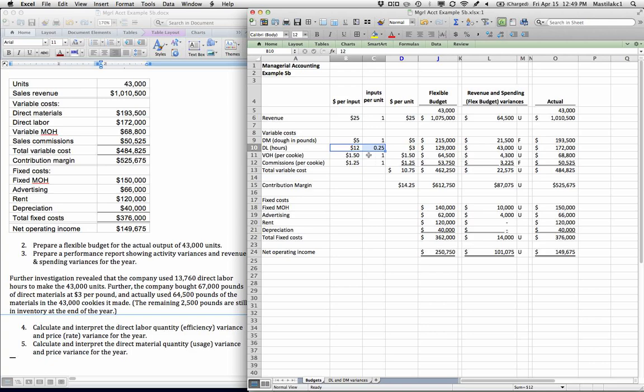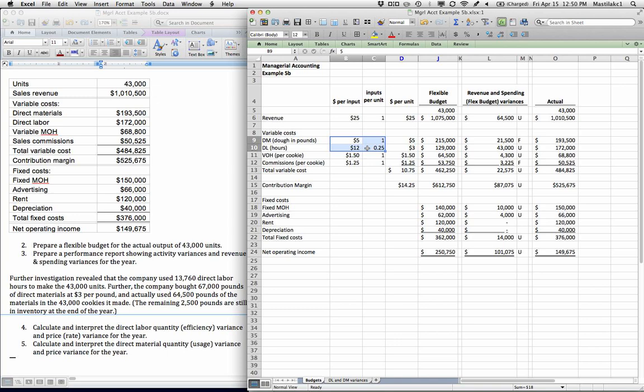Similarly for labor, we could have maybe paid a little bit less than $12 per hour and used a whole lot more than 15 minutes per cookie, and that would cause our labor cost to be higher. So either the price per unit of the input or the number of inputs used per cookie, either one of those could be different from what our standards or our budgets expect them to be.